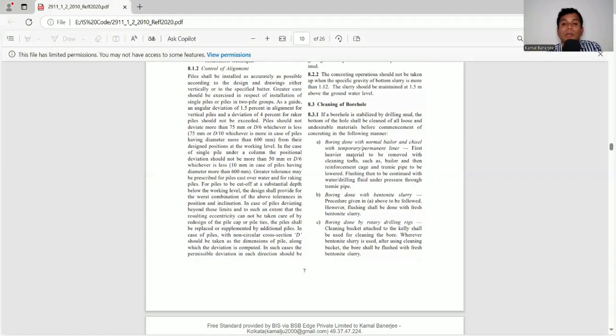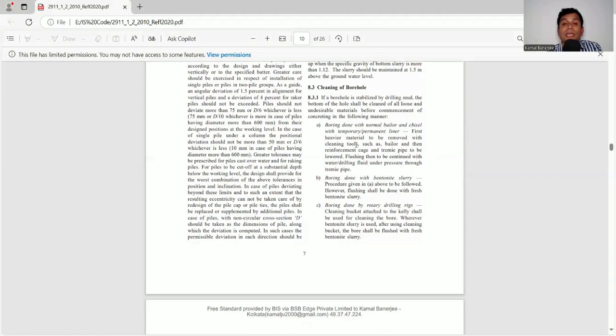First, heavier material to be removed with cleaning tools such as a baler, and then the reinforcement cage and tremie pipe to be lowered. That means first you need to check the pile length, whether it is 15 meters, 20 meters or 25 meters, from the cutoff level or from the working level.